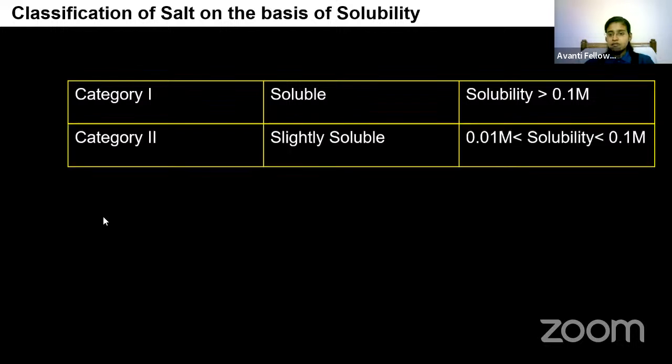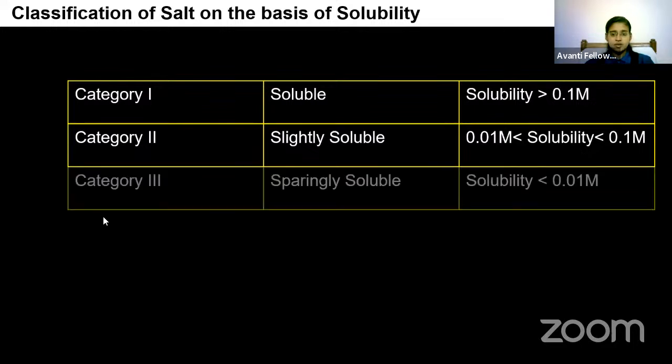If the solubility is less than 0.1 and greater than 0.01, then the given salt is slightly soluble. If the solubility is less than 0.01, then it is sparingly soluble. Sparingly means partially soluble.